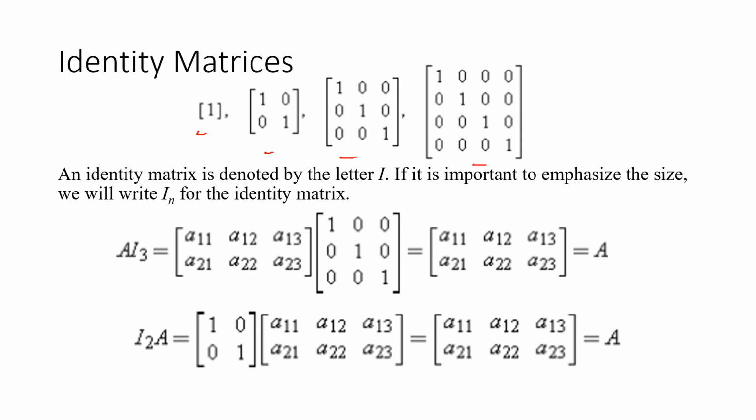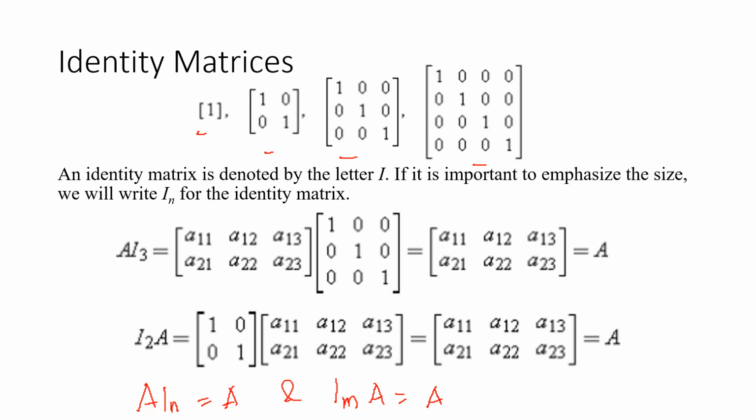The same result holds in general. That is, if A is any m by n matrix, then A times the identity matrix I sub n is equal to A, and the identity matrix I sub m times A is equal to A. Therefore, the identity matrices play the same role in matrix equations that the number one plays in numerical equations.